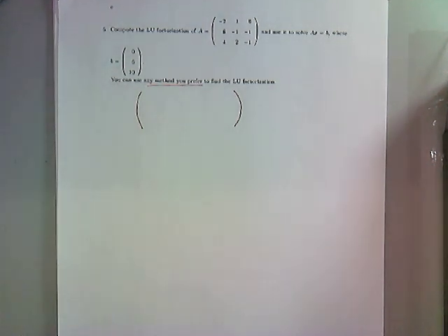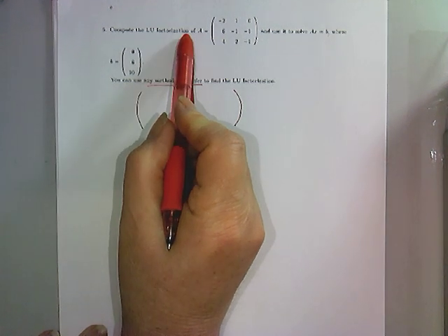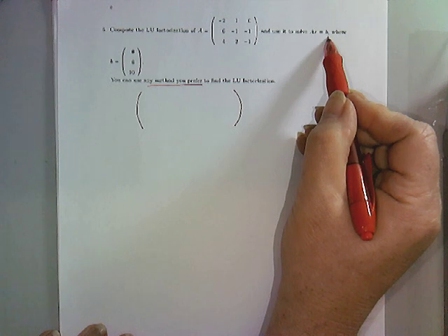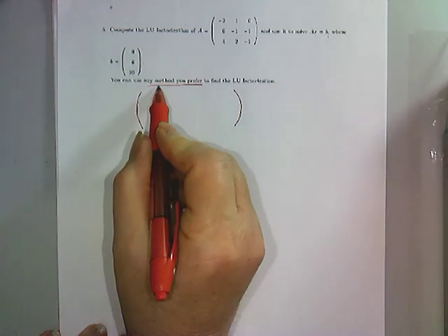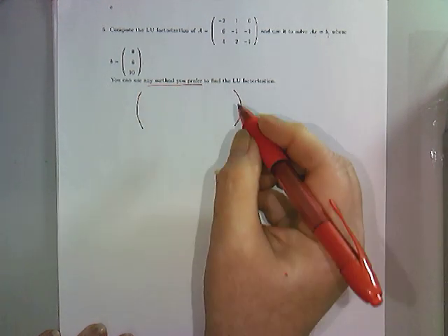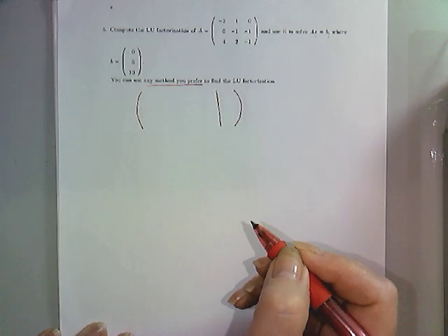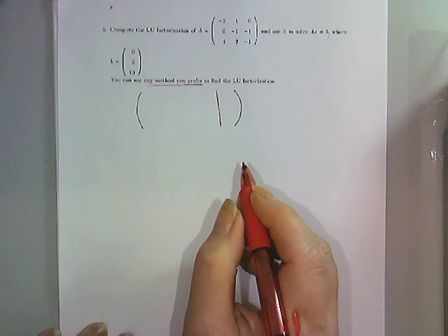Here we want to compute the LU factorization and solve the system AX is equal to B. You can use any method you prefer, but I'm actually going to use the method I prefer, which is to use appended matrices.